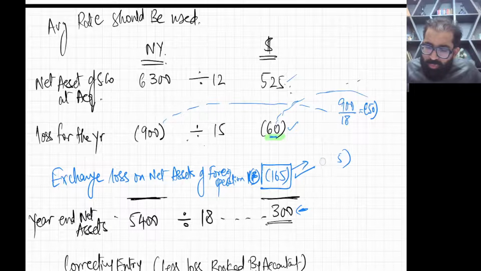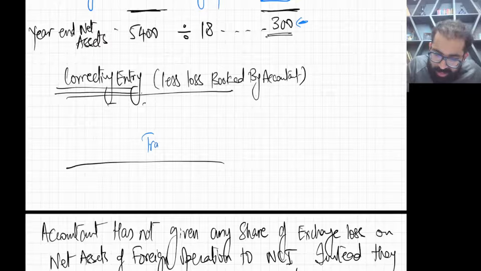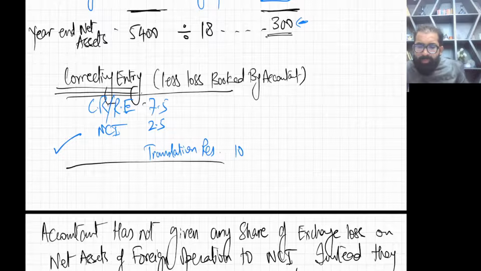What I need to do is credit translation reserve by 10, the first error. And I will debit retained earnings by 7.5 and NCI by 2.5. This is the correcting entry because less loss was booked by the accountant. Now we booked more loss. We did the first correction.